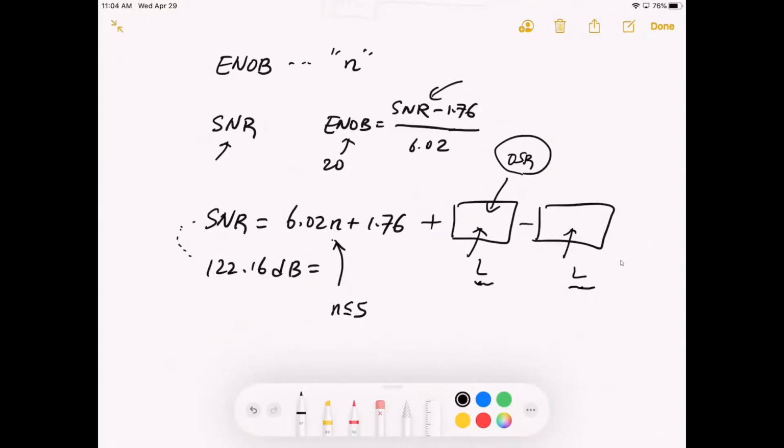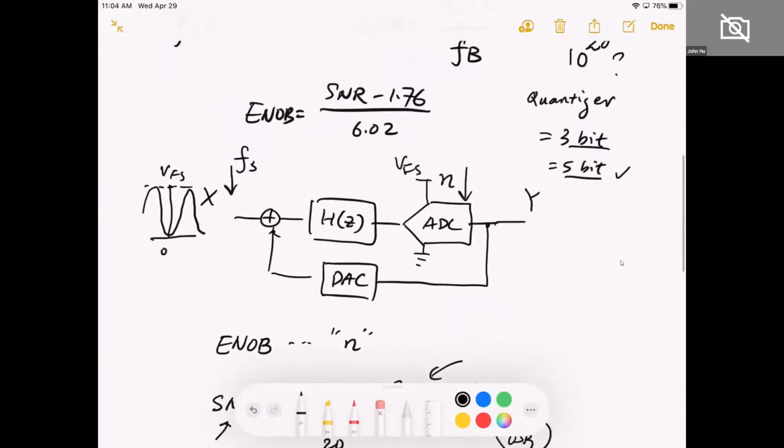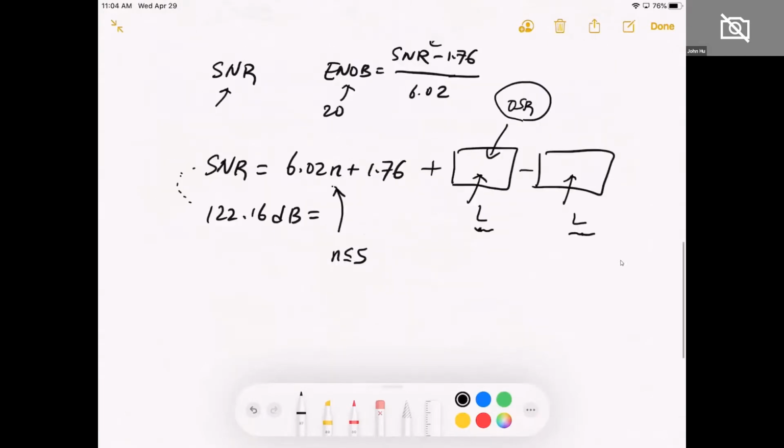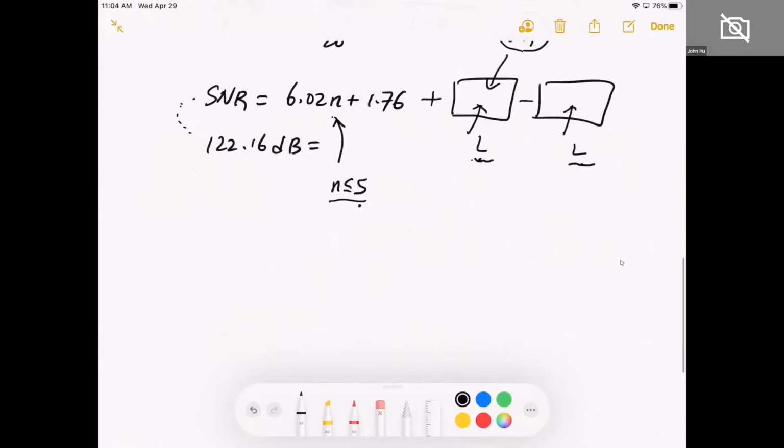So in this case, let's say I say 5, then you want to maximize, because the more bits you use in your ADC, the lower the order of delta you have to go to. If you use an n of 3, you probably need another order that is much higher.